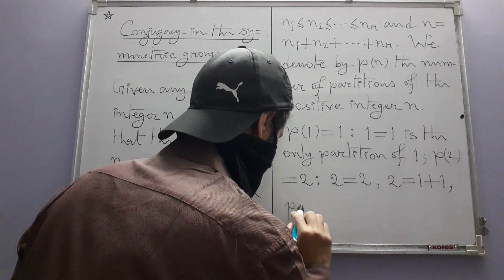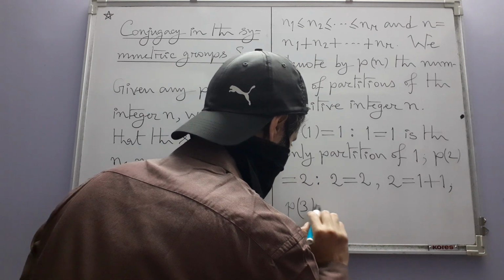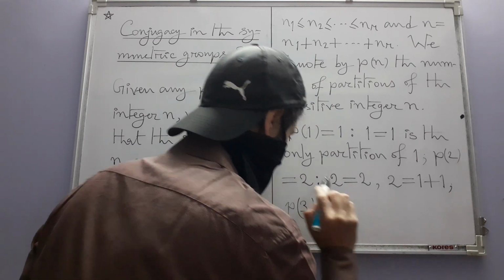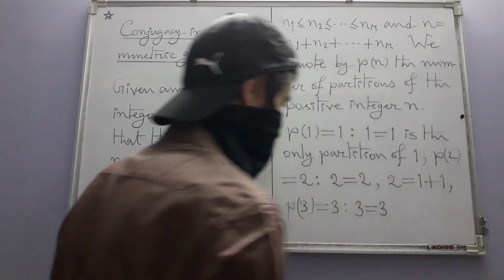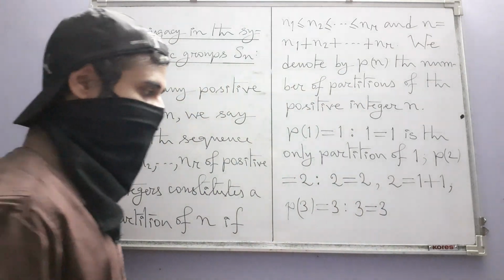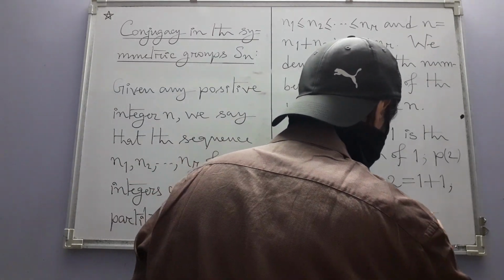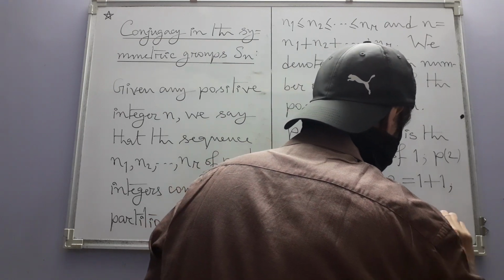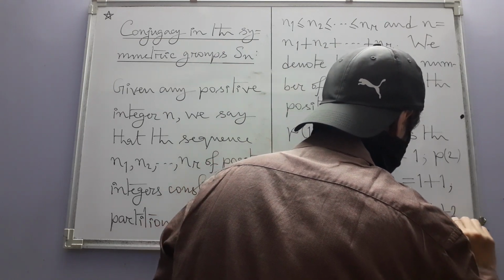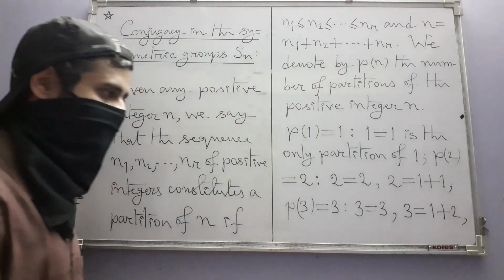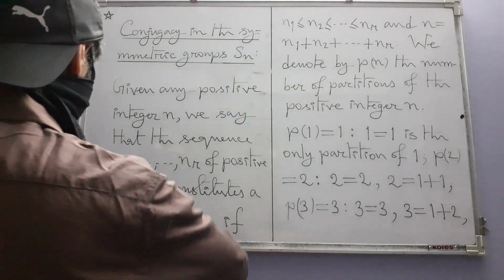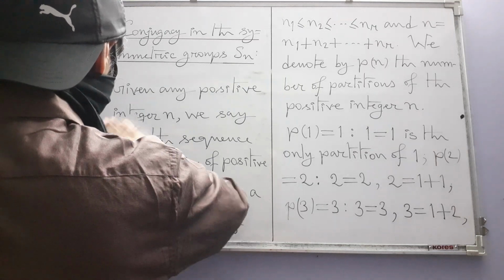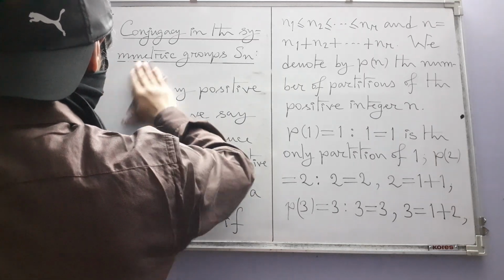Then P of 3 is 3, because in this case the partitions are 3, then 1 plus 2, and there is one more, 1 plus 1 plus 1.